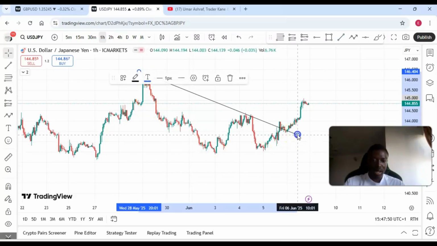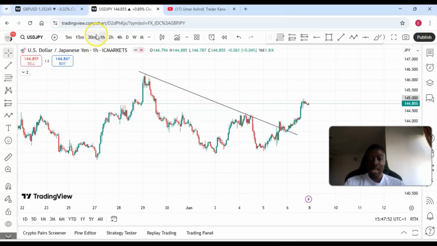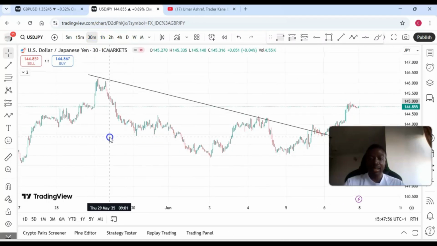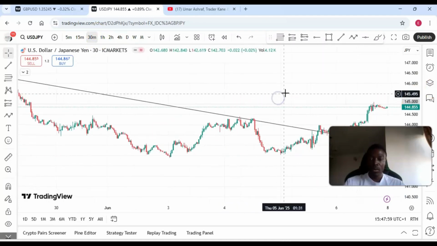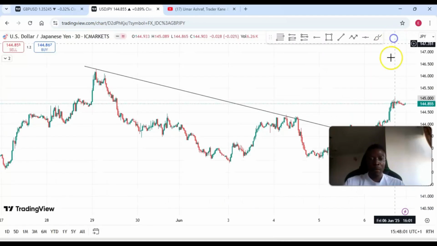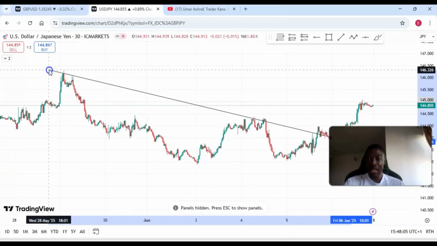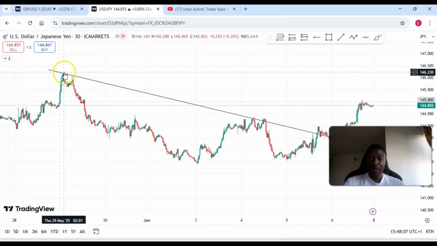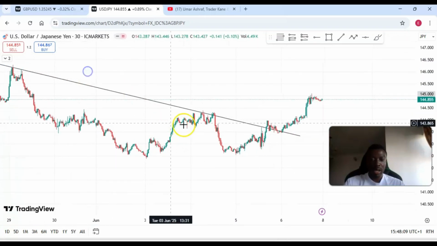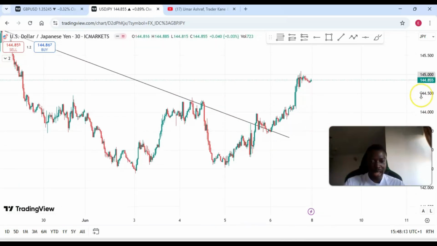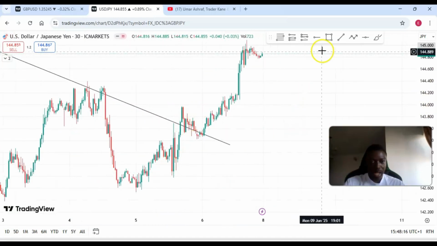Now let's go to a lower time frame. Now you can see what happened. The market touched this trend line the first time here. You can see the first, second, the third around here. And what happened? The market broke this trend line. Look at this behavior here.